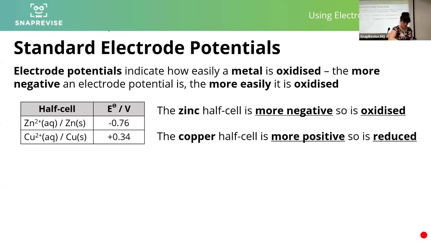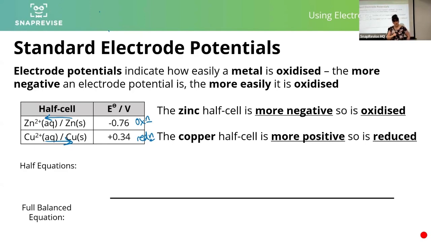So that tells me that the copper is going to be going in the forwards direction, the reduction direction, and zinc is going to be going in the backwards direction, the oxidation direction. So this one is going to be reduction, and this one is going to be oxidation. I'm just being lazy with my notation, writing red and ox. Hopefully you know it means reduction and oxidation.